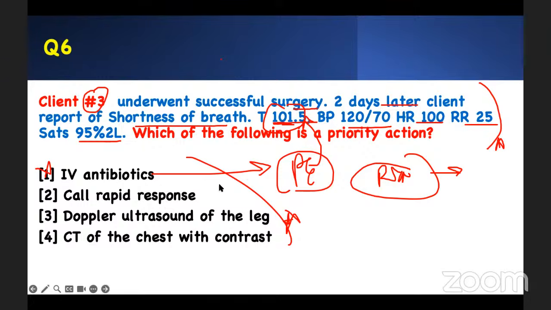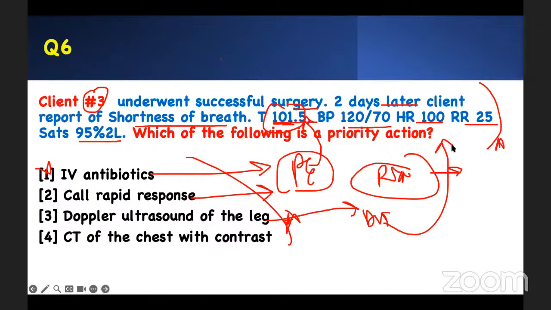There's nothing here that requires rapid response. They'll call you and say, what do you want us to do? Fix the patient yourself. Then you're left with 3 and 4. You have to think. When I said be sharp, that's what I mean. Which of these will help you prevent the patient from dying? When you get an ultrasound of the leg, it will tell you there's a DVT, but it doesn't tell you the emboli went to the lung.